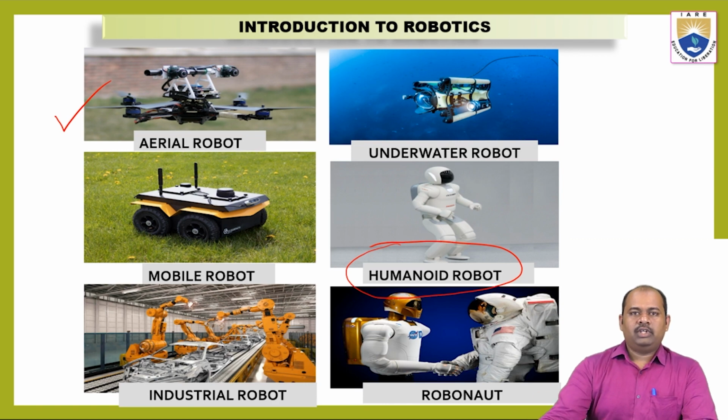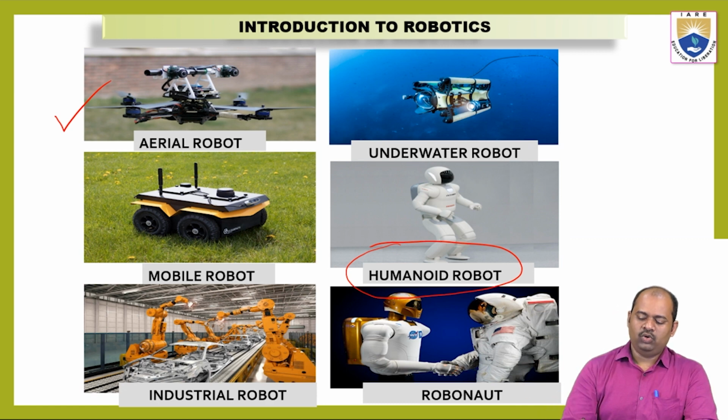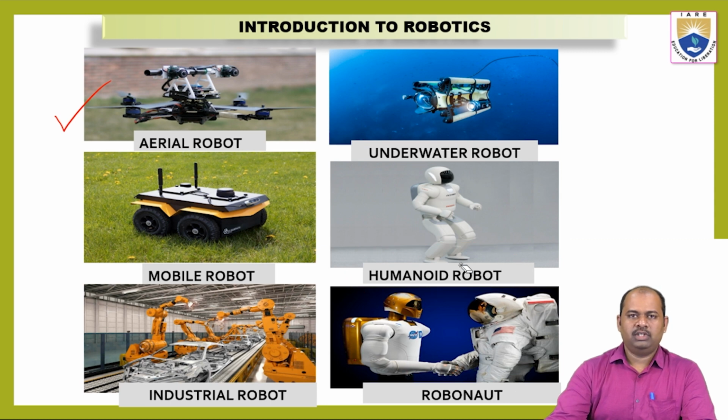And they are also capable of listening, watching, speaking, etc. So humanoid robots are also being developed, but not up to the mark as shown in the movies. So humanoid robots are the robots which are similar to human beings in look, but they are mostly machines.